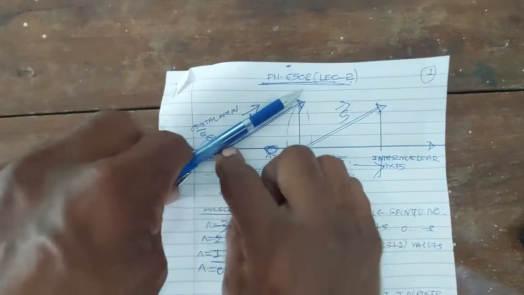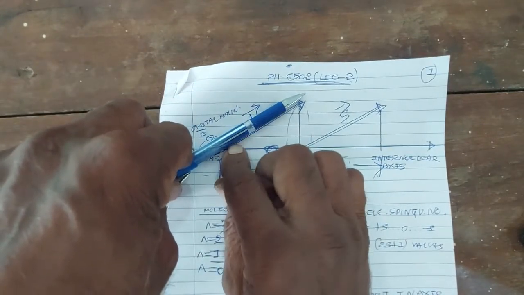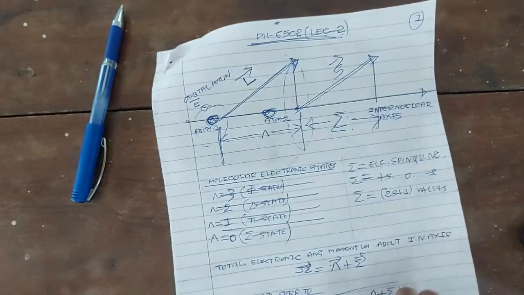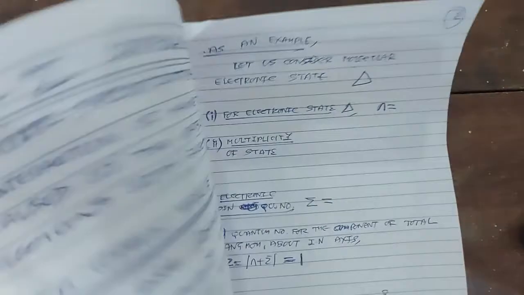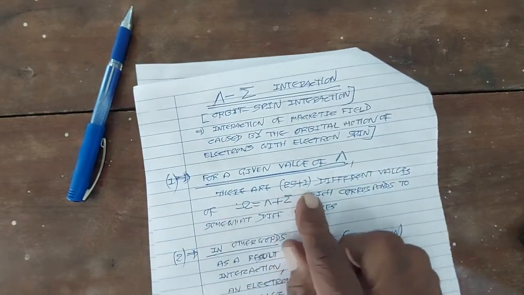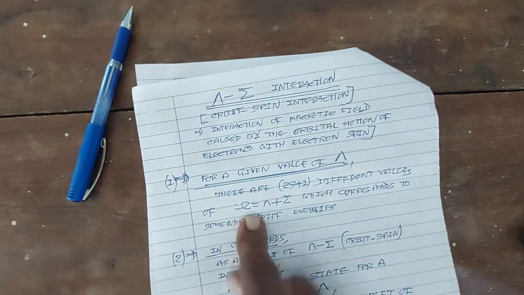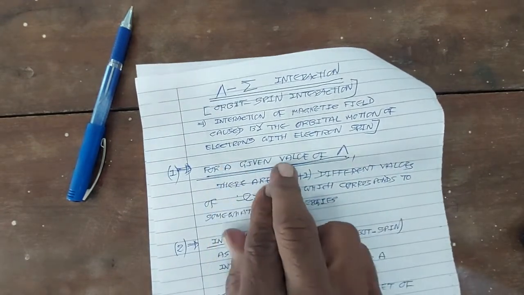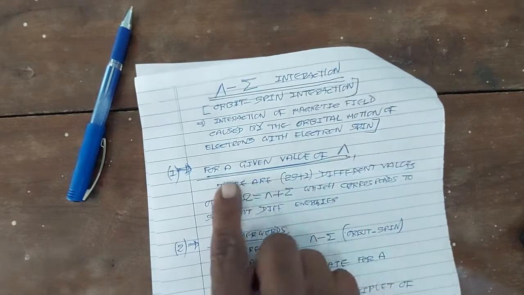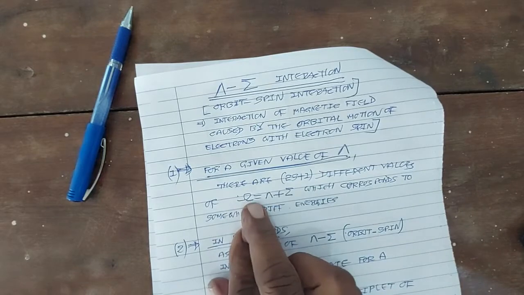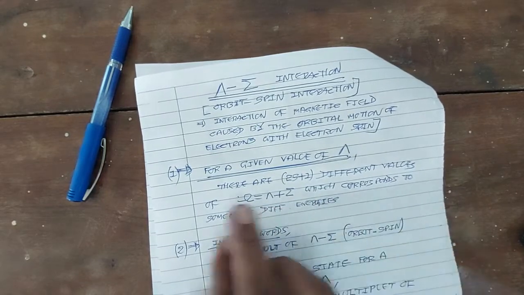For a given value of lambda, there are 2S plus 1 different values of omega, that is lambda plus sigma, which correspond to different energies. So for a given value of lambda, how many values of total quantum number omega? 2S plus 1 values, which correspond to different energies.